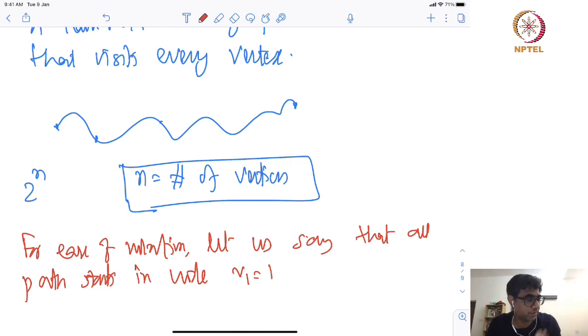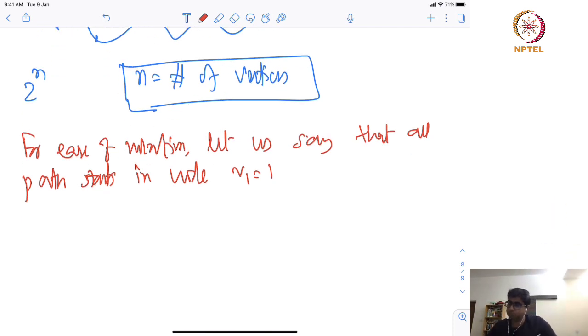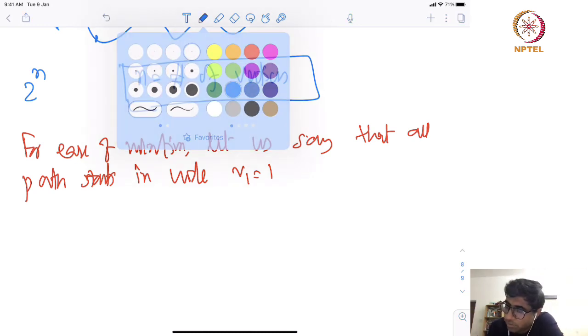This is just for ease of notation. And now, what I am going to decide, so the way you are going to work out these things is, what is my universe?